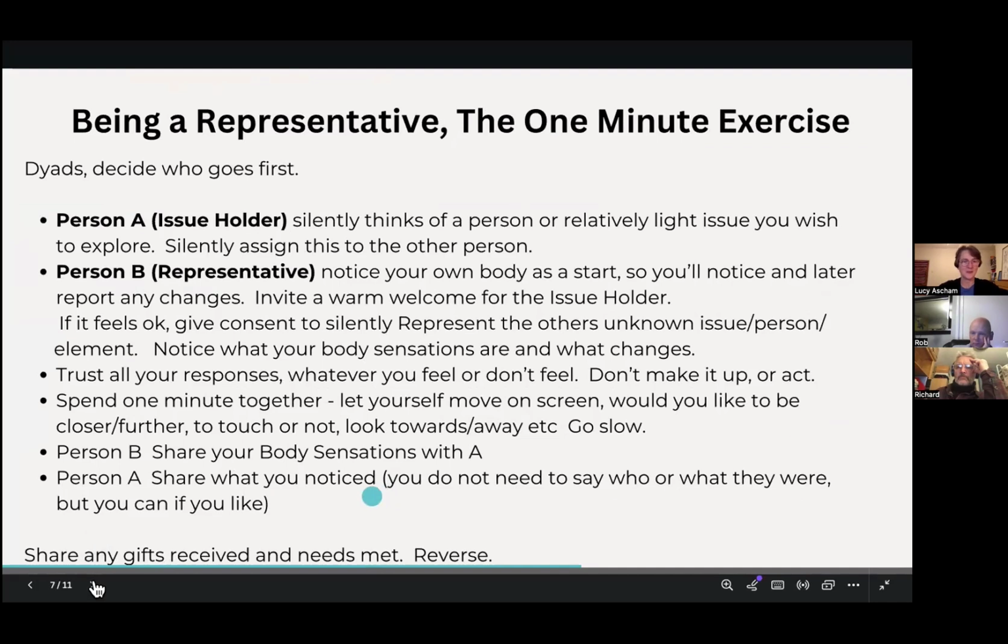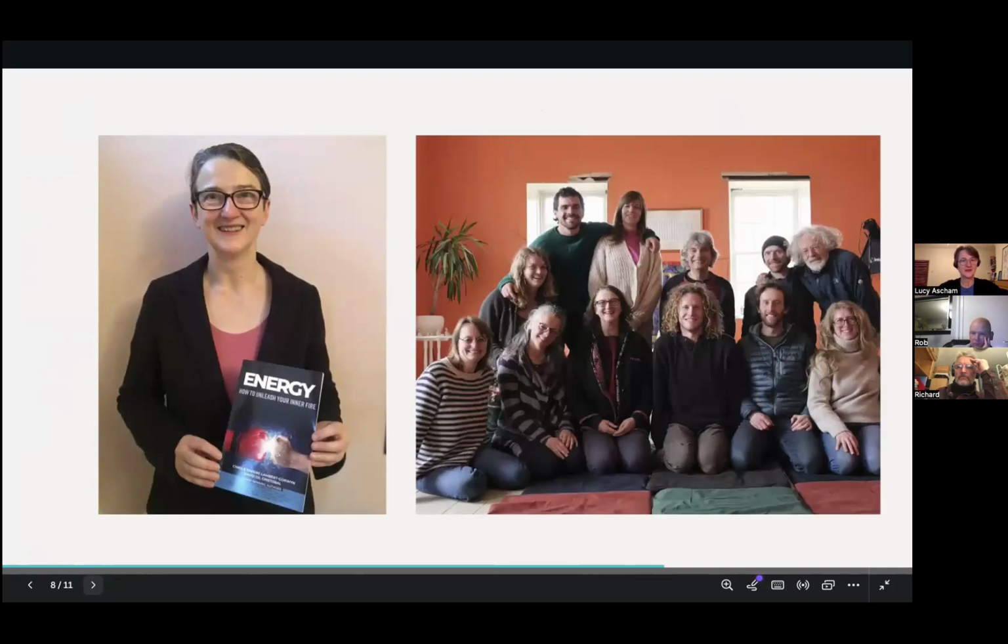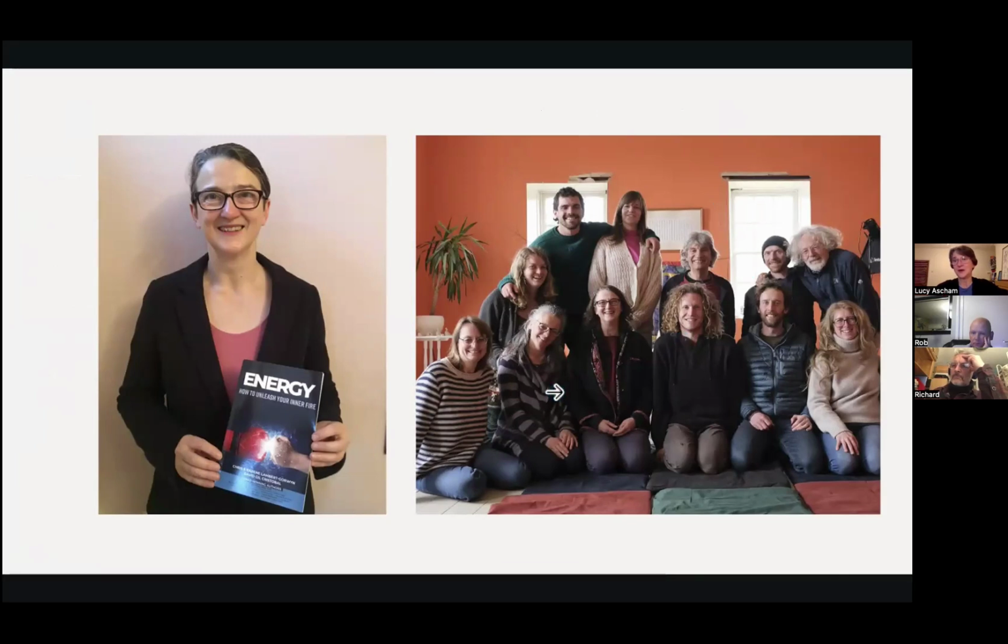So that was the demo and the breakout rooms. A picture of me with a book on energy that I wrote a chapter for. And that's a picture of me with one of the groups at our Foxton Park house, which is a Buddhist retreat centre in the making. I go there twice a year to do weekends of this constellations work.